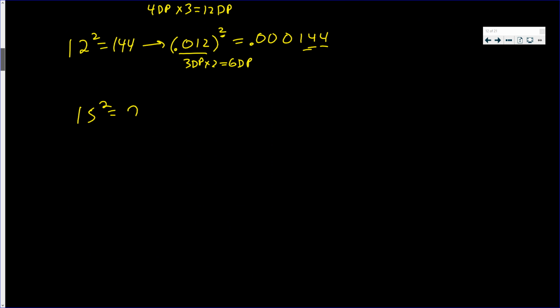15 squared is 225. So what is 1.5 all squared? Well, this is a 1 decimal place number. I'm multiplying that 1 decimal place number by 2. So I'm going to get 3 decimal places. So I get 225. Oh, that already is 3 decimal places.